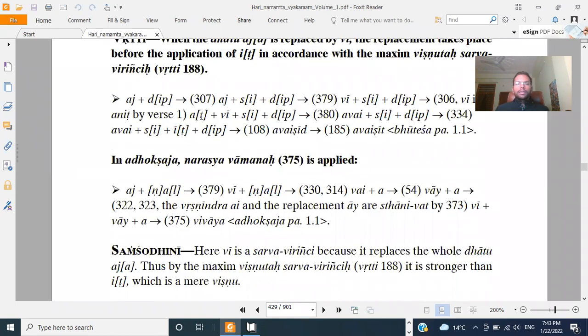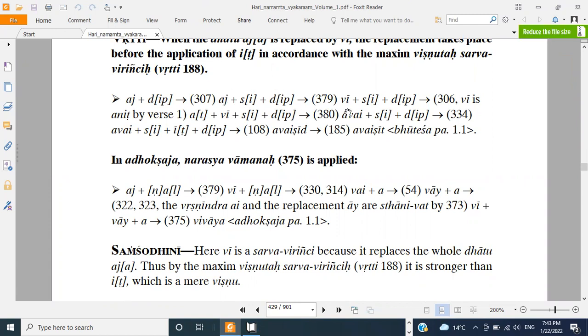So we have Aj, Yuktadip, then Sirbhuteshe, and then because C is a Ram Dhatuka, Ajervi Ganam in a Ram Dhatuke, Aj is replaced by V because the Ram Dhatuka Pratyaya is following. So we replace it by V, and then V is Anit by verse 1. Then Dhatu Purvamat Bhuteshwara Bhuteshajiteshu.